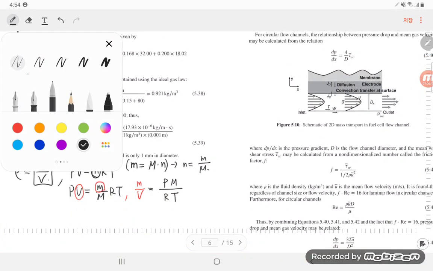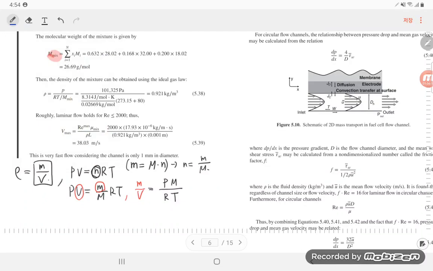Okay, this is the gas density. To obtain this one, we should know about this value: molecular weight, pressure, and the temperature. And this R is the general gas constant, which has the value of 8.314, and we should express the temperature in Kelvin unit, and this pressure is actually 1 atm, but we should convert it to the Pascal unit.